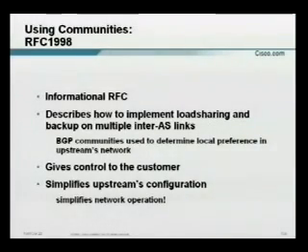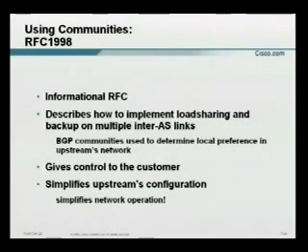Well, the first one I want to draw your attention to is RFC 1998. That is quite an old RFC, but it's informational about how Internet MCI used communities for customers who multi-homed onto their network. It describes how to implement load sharing and backup on multiple inter-AS links.